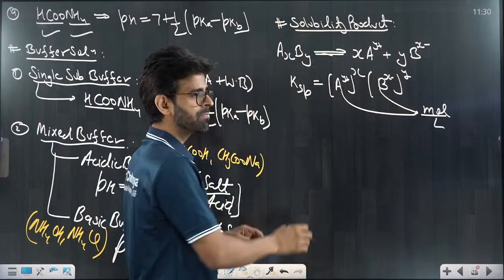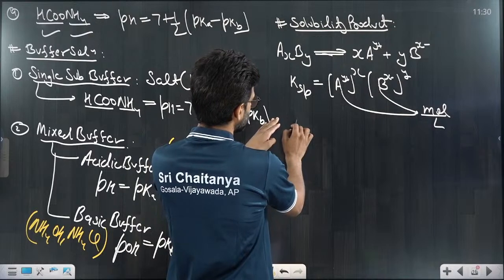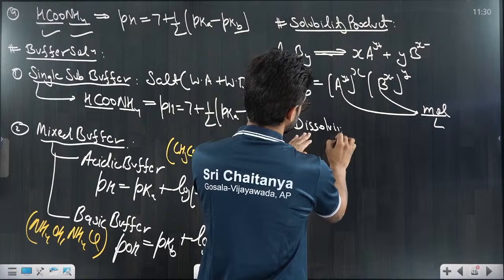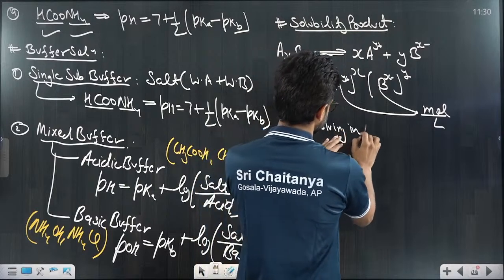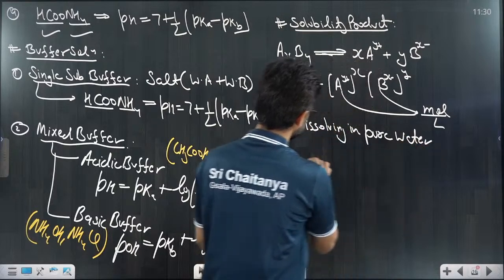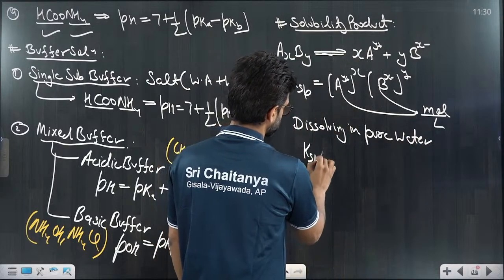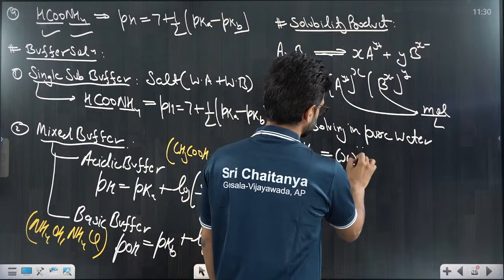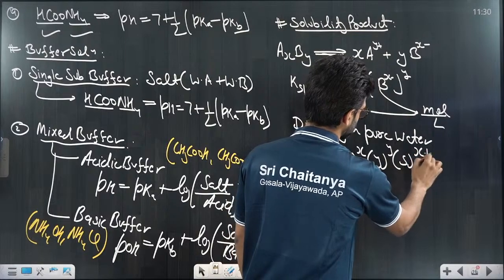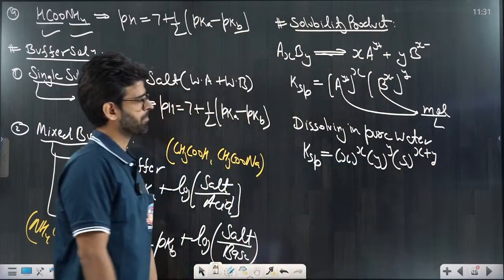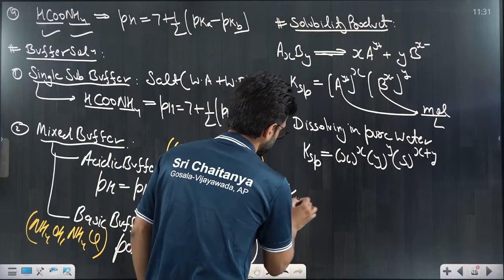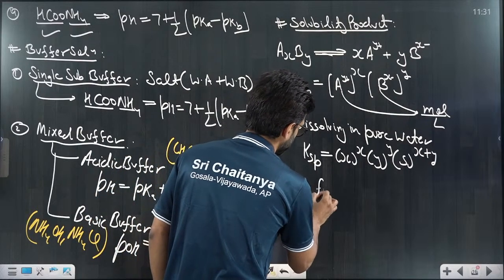If we are dissolving in pure water, meaning no common ion present, then as a shortcut, Ksp equals x to the power x, y to the power y, and S to the power x plus y.